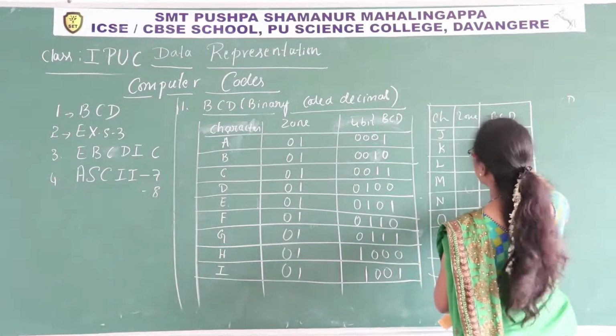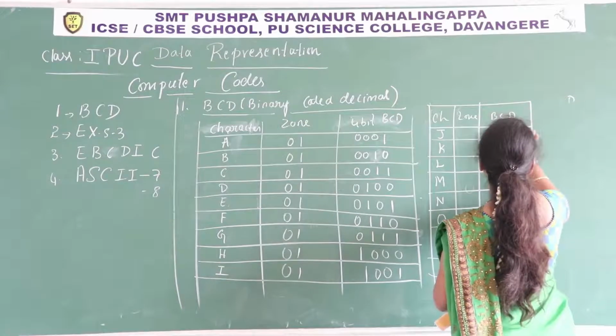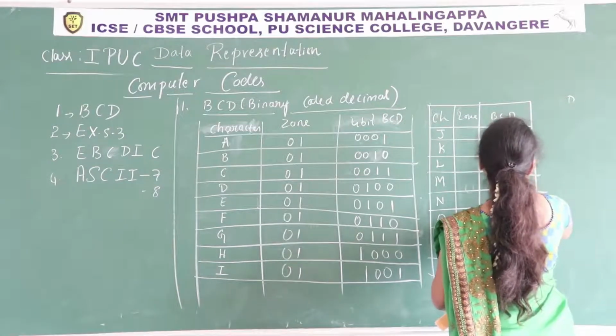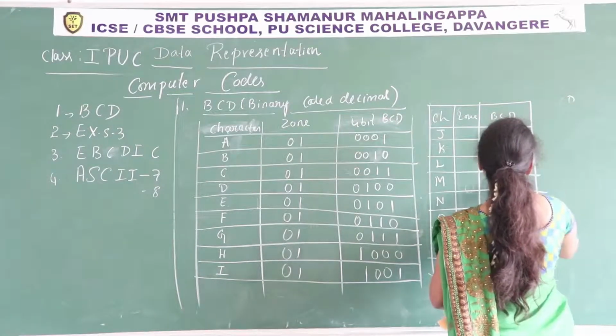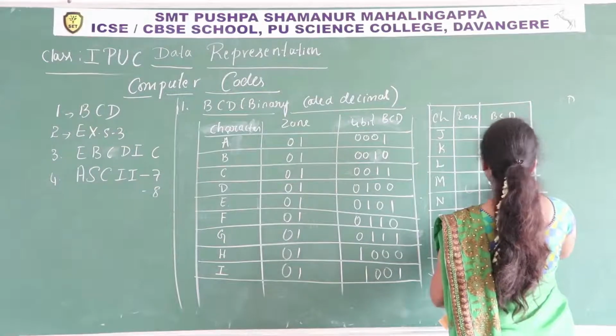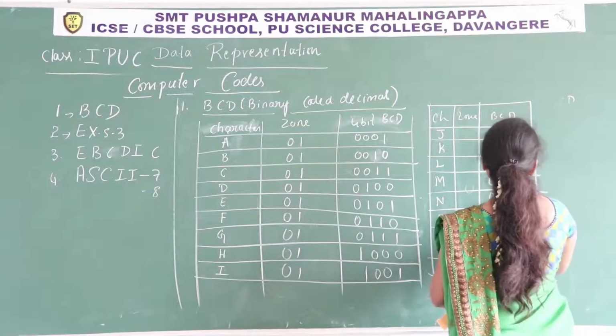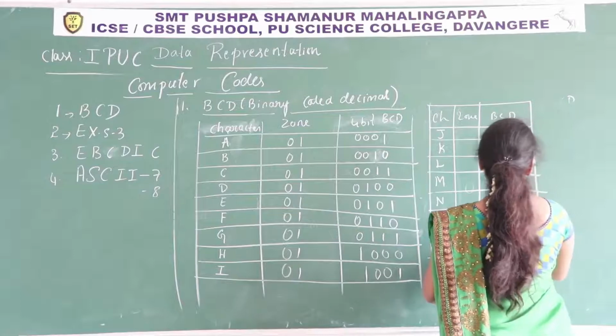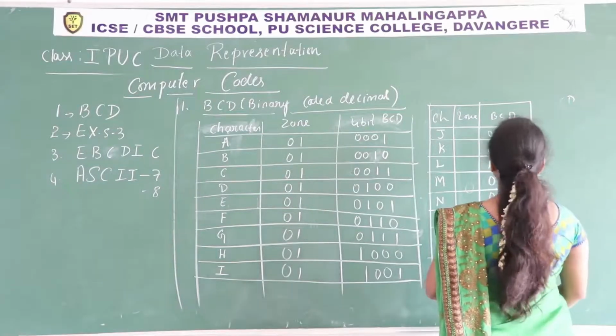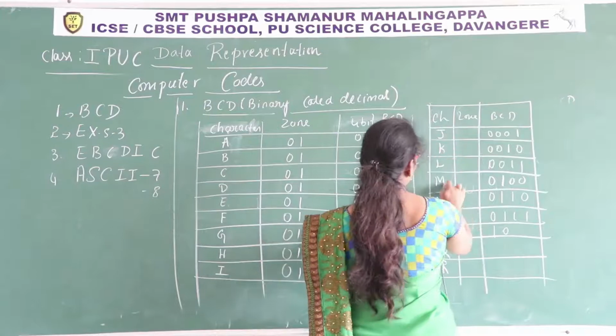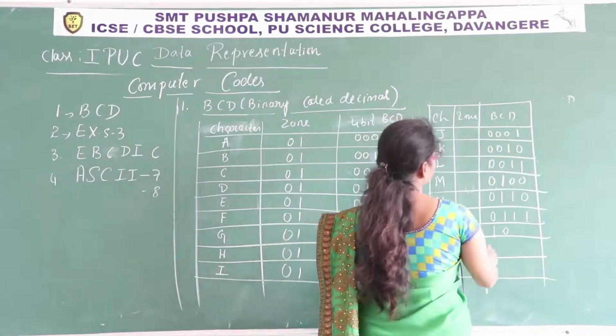Now again we have to start from 1. 0001, 0010 is 2, 0011 is 3, 0100 is 4. Then 5, 6, 7, 8. So I missed somewhere. It should be 1, 2, 3, 4, 5, 6, 7, 8, 9, no?